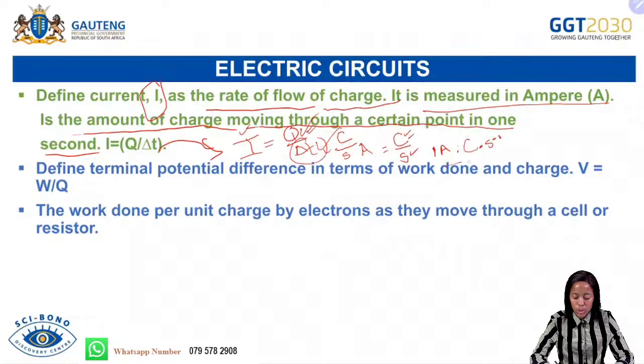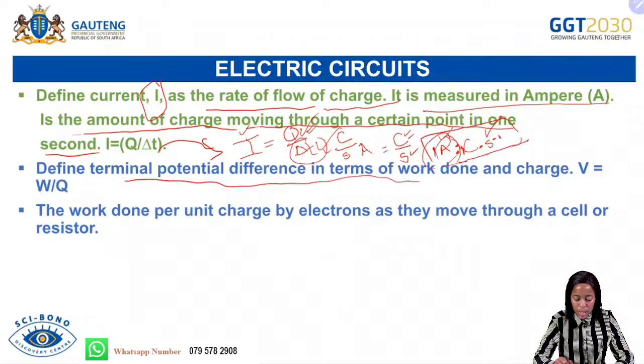So if they ask you, you would say that 1 ampere is equivalent to 1 coulomb per second, because 1 coulomb per second represents the same unit of ampere.